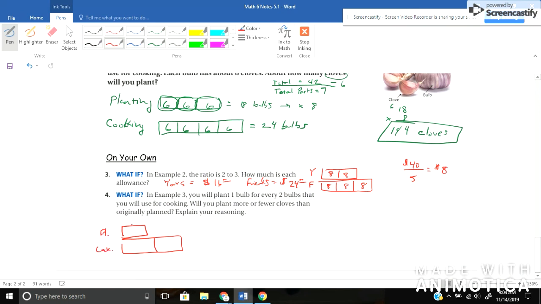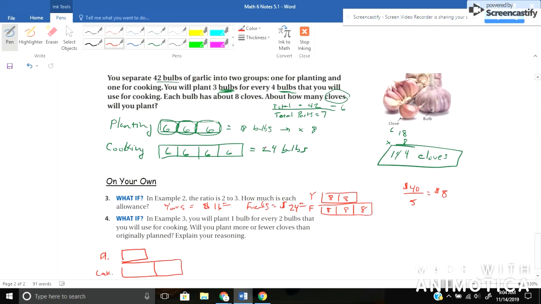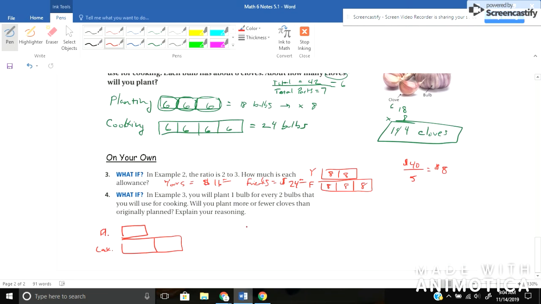And remember our total was 42. So we would take that 42 total and divide it by our number of parts, which is 3. And 42 divided by 3, let's do that quick. 3 goes into 4 one time, which is 3, subtract, bring down my 2. So it'll be 14. Each one of these would be worth 14.